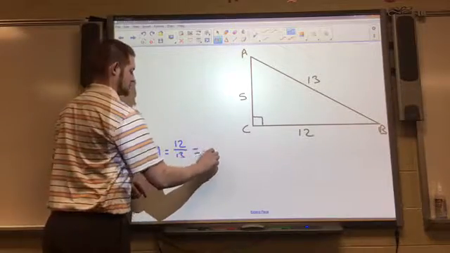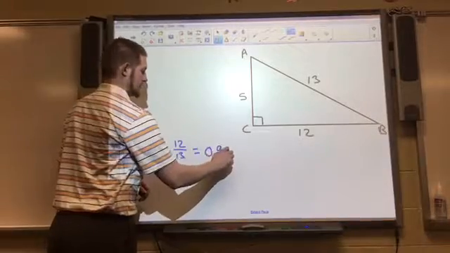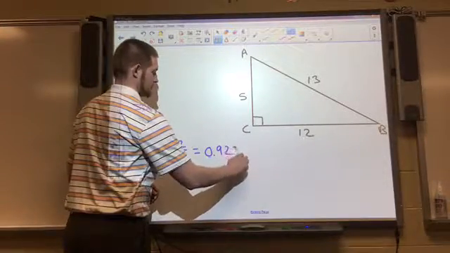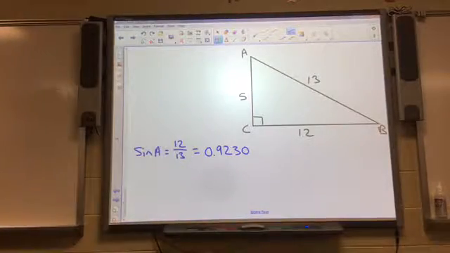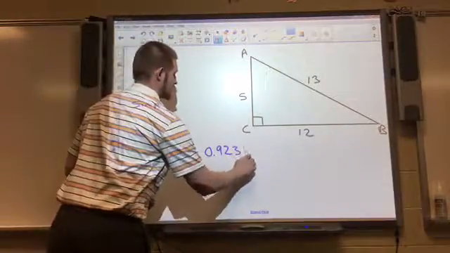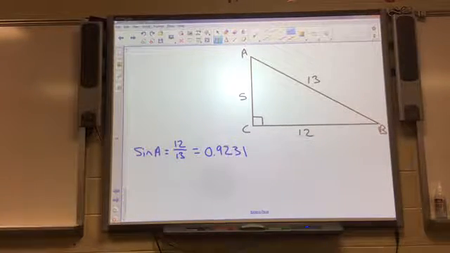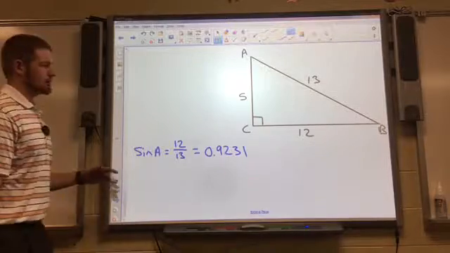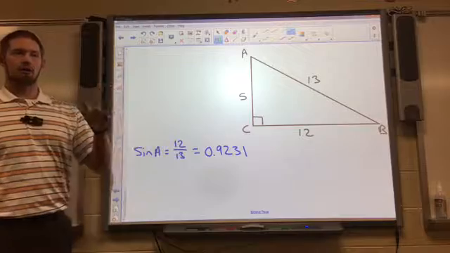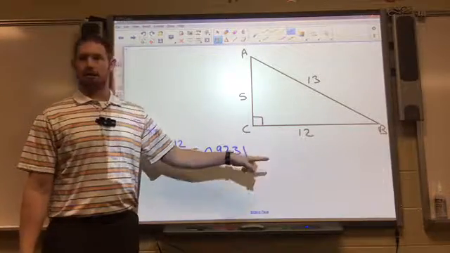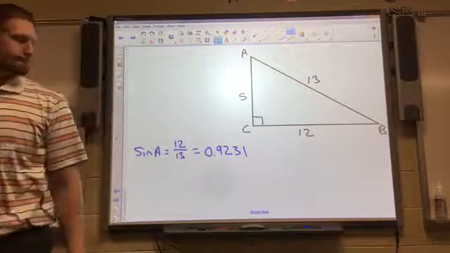Okay, so this is going to be 0.9231. So yeah, that was the thing that was coming next. Make sure we round these correctly. I know we haven't rounded a lot in this class because we work with exact answers usually. Hey, but we need to make sure we round our answers correctly. If that fifth number is 5 or bigger, you need to round that next number up, right? Okay.